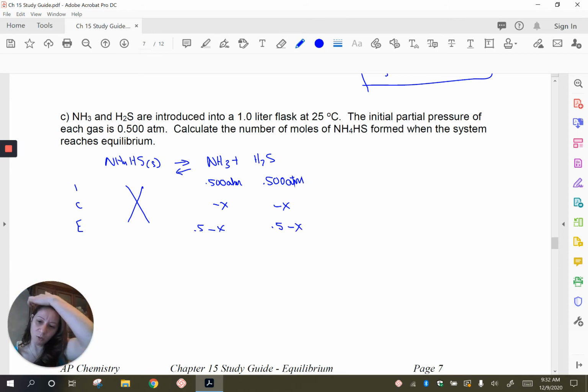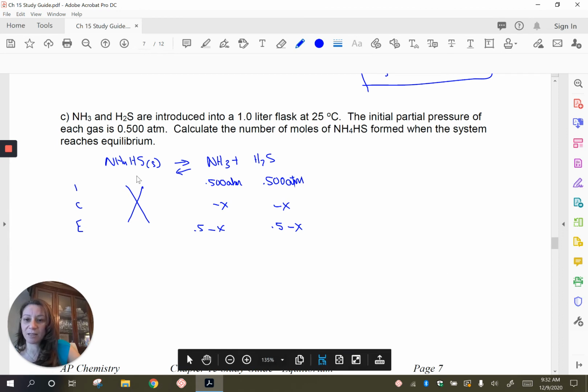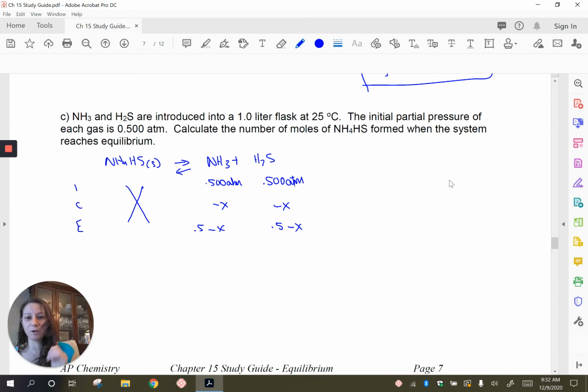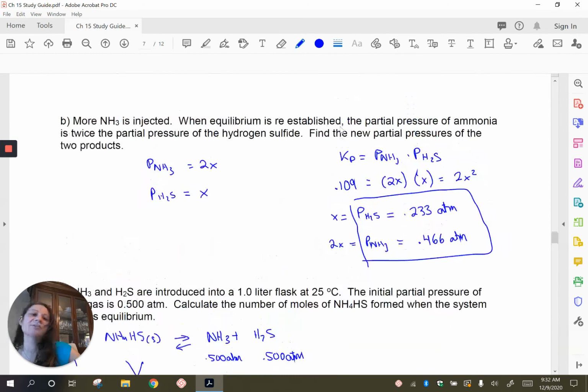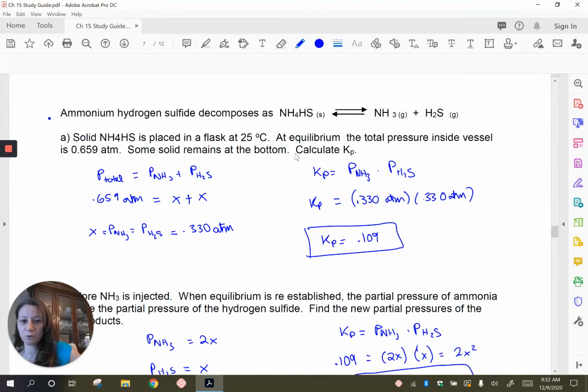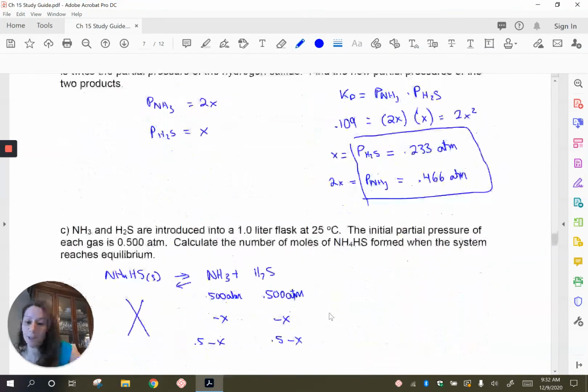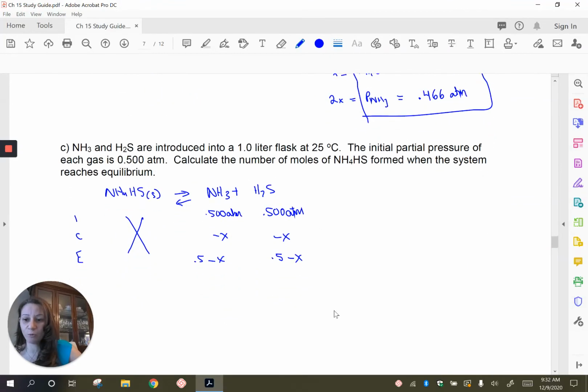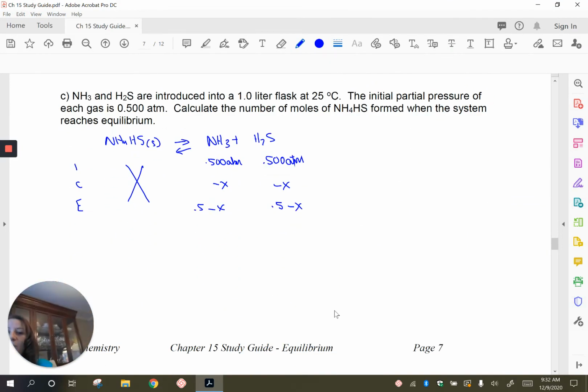Well, what do we know that is the same between this part and parts A and B? Since this is the same reaction, the only thing that's the same is Kp, the equilibrium constant. The equilibrium constant will always be the same as long as you have the same temperature. This is 25 Celsius, and in here it was also 25 Celsius. So we know that Kp is still the same, 0.109. So I'm going to write the Kp expression here.